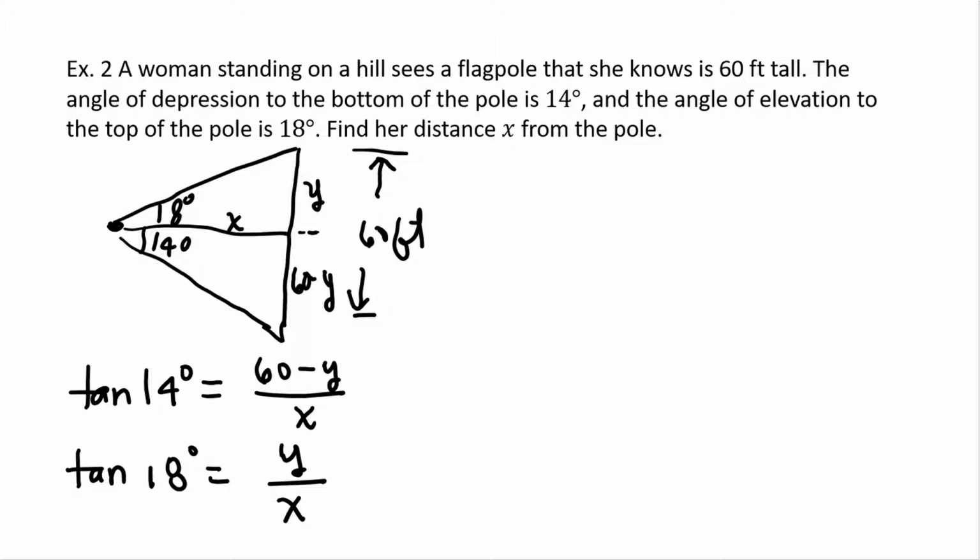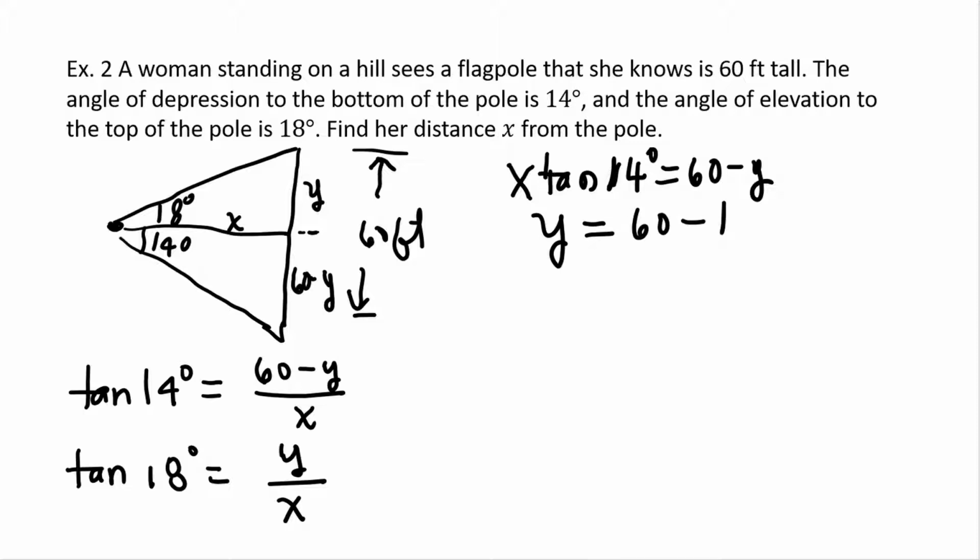For the first one, let's multiply through by x, so you get x times the tangent of 14 degrees is equal to 60 minus y, and solving for y, we get y is equal to 60 minus x times the tangent of 14 degrees. For the second equation, solving for y, we'll get y equals x times the tangent of 18 degrees.